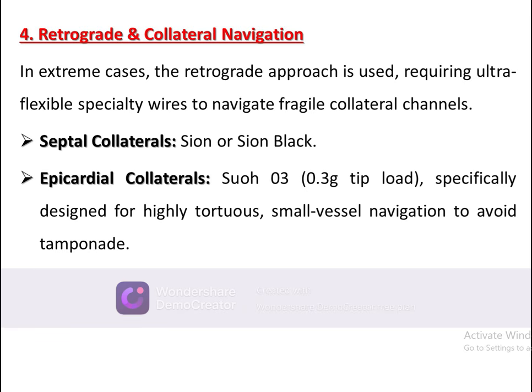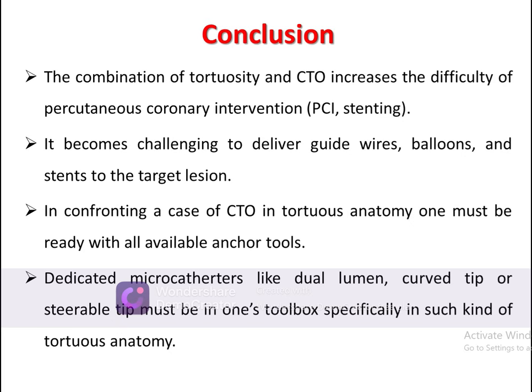In extreme cases, the retrograde approach is used, requiring ultra flexible specialty wires to navigate fragile collateral channels. Typical wires for septal collaterals are Sion and Sion Black, and for epicardial collaterals the SUOH 03 with 0.3 gram tip load is specifically designed for highly tortuous small vessel navigation to avoid tamponade.